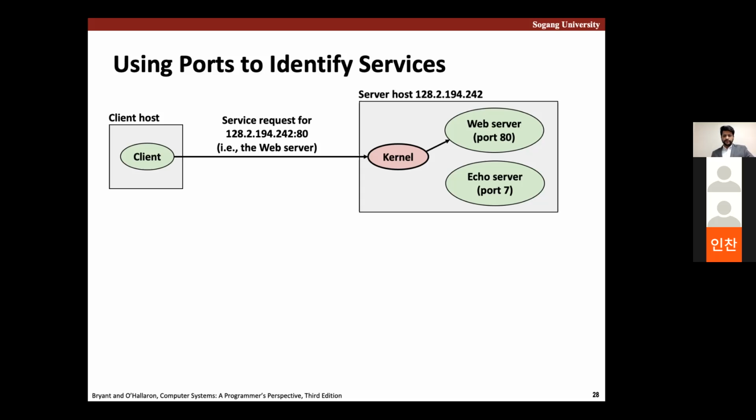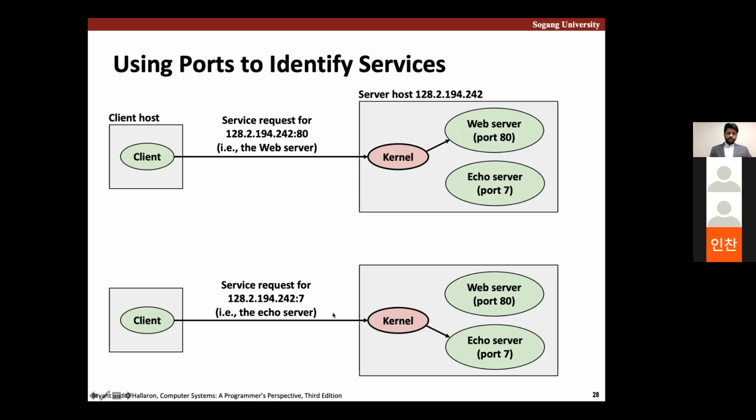In this figure, we have a connection between a web client and a web server. The client host sends a request to the server with port 80, where the web service is running. There is another service running, the echo server, on port 7.